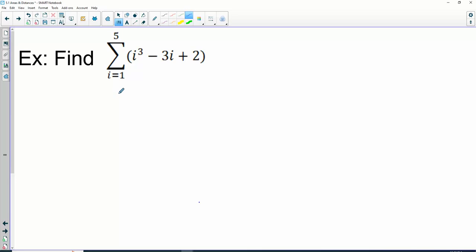So this one we'll have to do the sum from 1 to 5 of i cubed minus 3 times the sum from 1 to 5 of i plus, what happens if you add up 2 5 times? 2 times 5. 2 times n, which in here is 5.